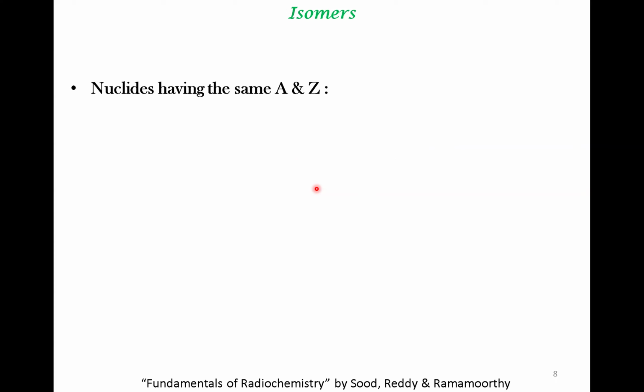Then you have isomers. These are nuclides which have the same A and Z. For example, cobalt has these two different kinds of nuclides. Here, M indicates a metastable nucleus.